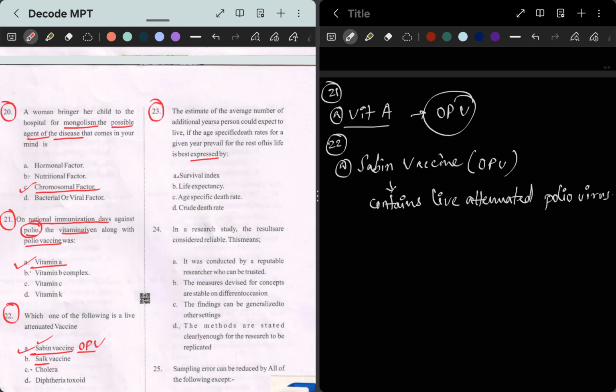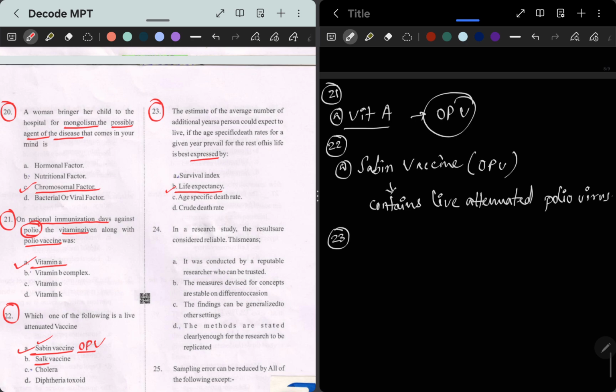The answer is option B, life expectancy.